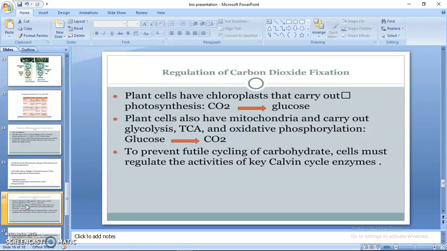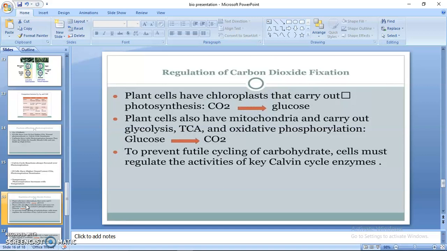Next is regulation of carbon dioxide fixation. Plant cells have chloroplasts that carry out photosynthesis that converts carbon dioxide to glucose. Plant cells also have mitochondria that carry out glycolysis, TCA, and oxidative phosphorylation that converts glucose to CO2.